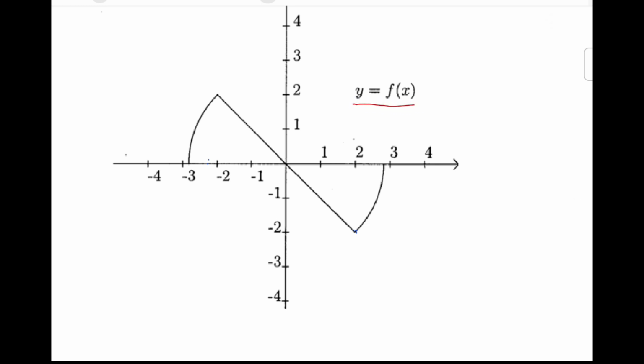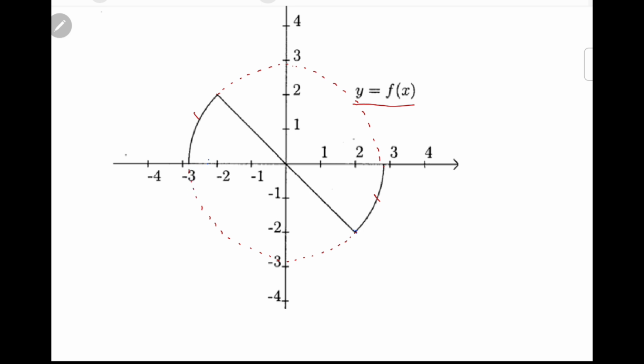By looking at this graph, it can be noticed that these two curves are part of a circle of radius less than 3.